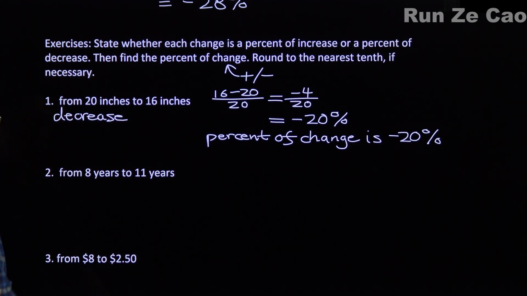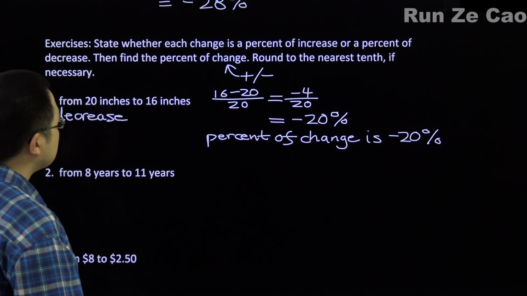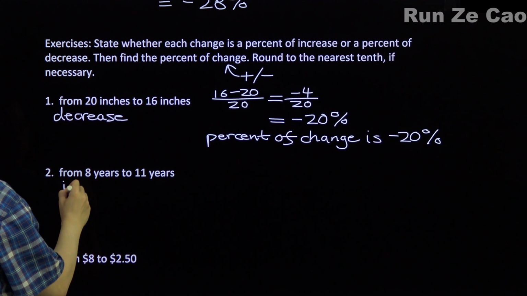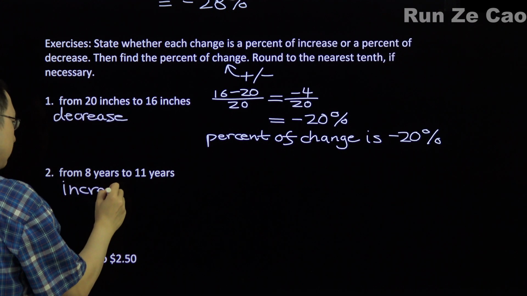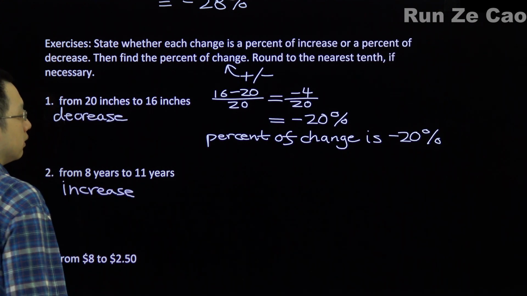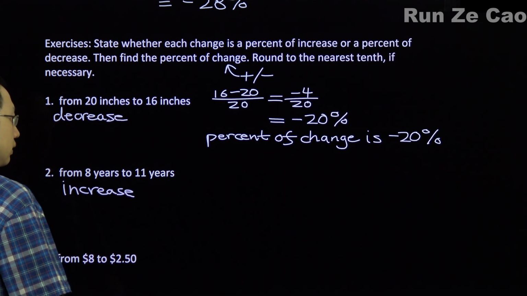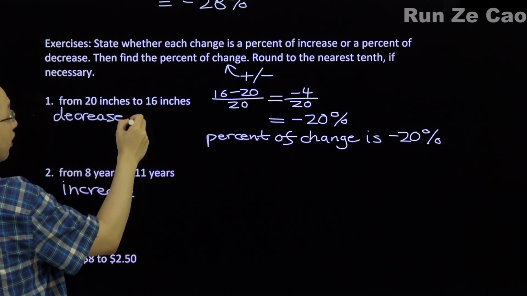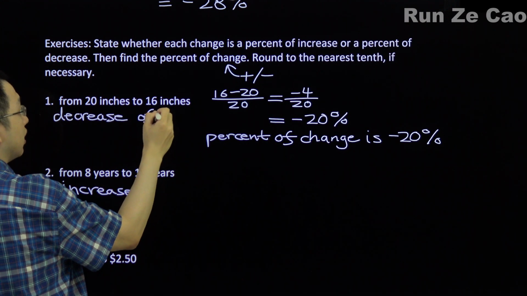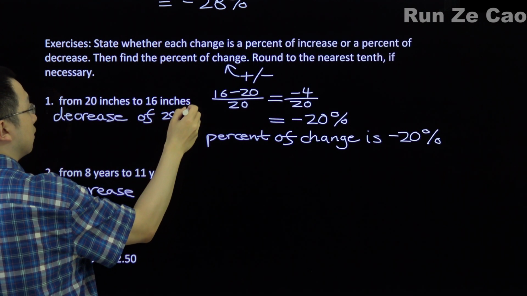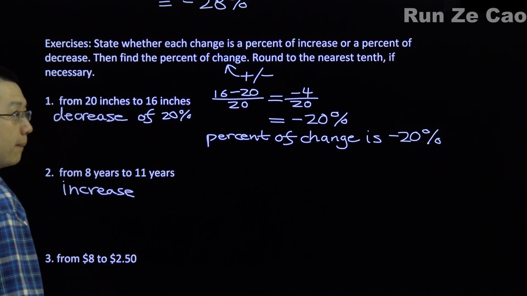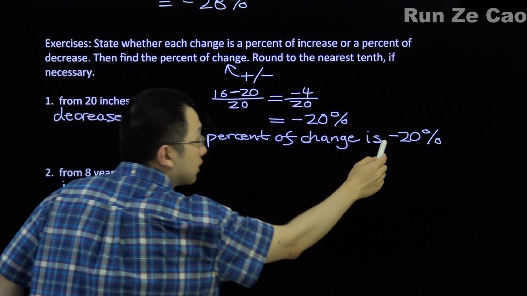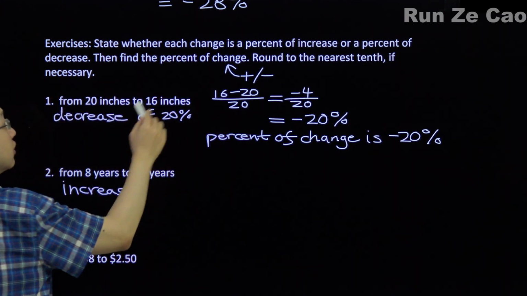From 8 years to 11 years, that's an increase, of course. Now, if you wanted, by the way, to state that the previous one was a decrease of however many percent, it would be a decrease of 20%. Yeah, as you can see, sign, no sign.